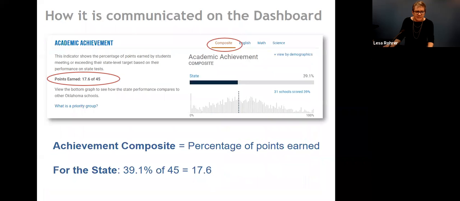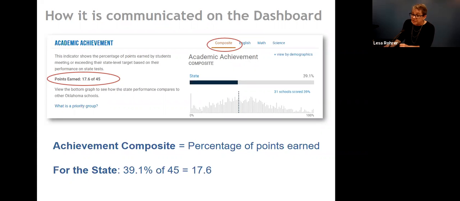When we also look at this on the dashboard, I wanted to clarify some things because this confused me when I first looked at it, so I thought it might confuse you too. When I look at this composite on this report card, the composite represents the percentage of points that are earned. And if I do my math correctly, there are 45 points possible because this is a state report card, and so it encompasses science and grade in high school. So you have 15 for elementary ELA, and math, and high school science.